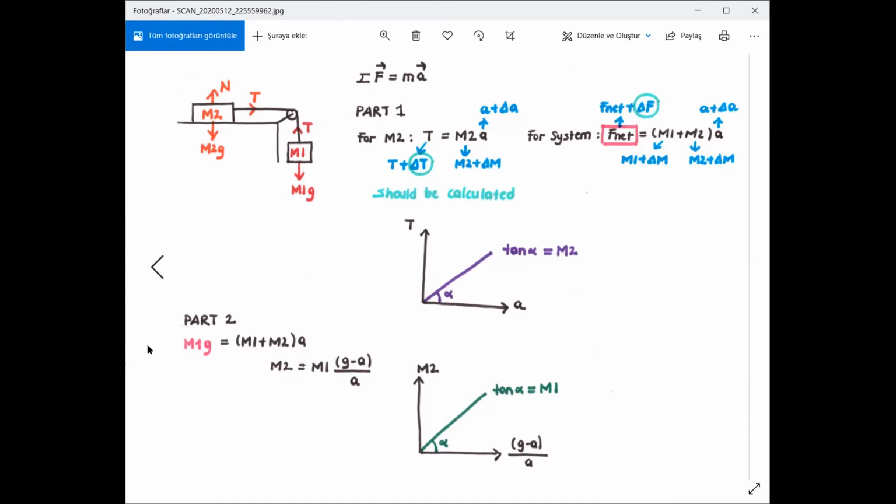By looking at this equation, you can see how the M2 mass changes according to the (g minus A) over A value.